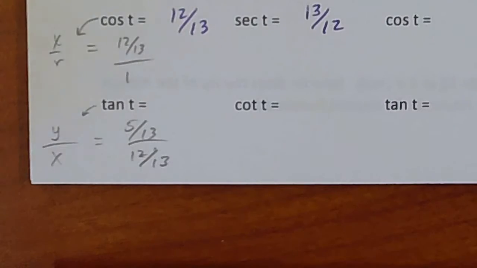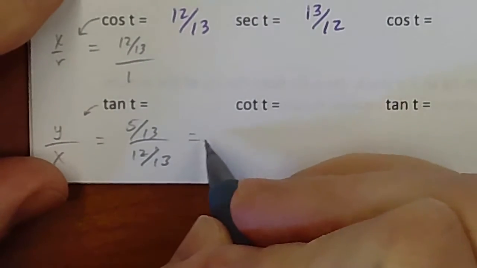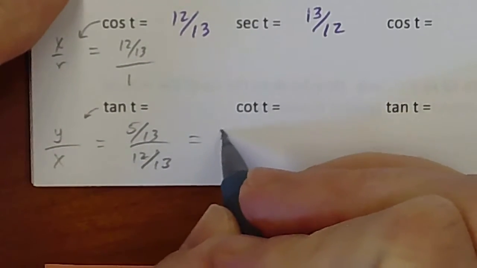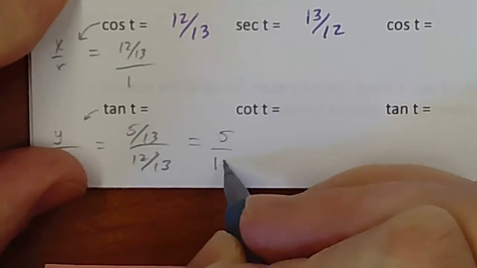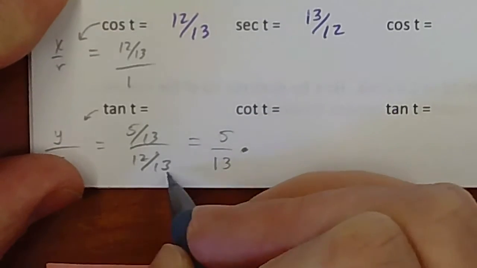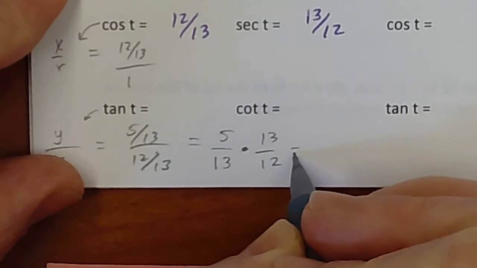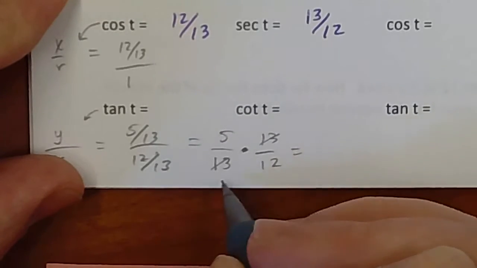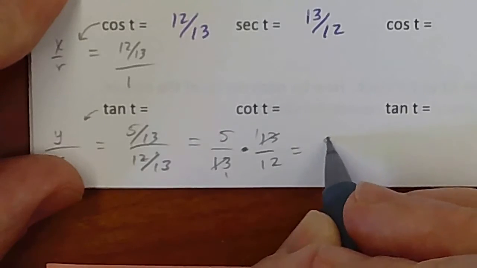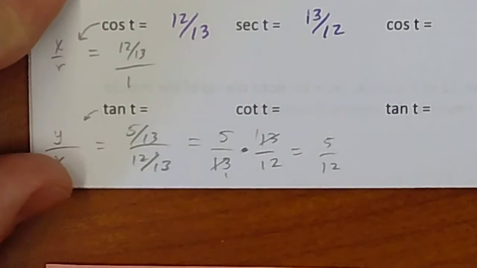All right, so what do we do when we divide by a fraction? We multiply by the reciprocal of what we're dividing by. So 5/13 is now multiplied by 13/12. Okay, so these cross reduce, and I get 5/12 for tangent.